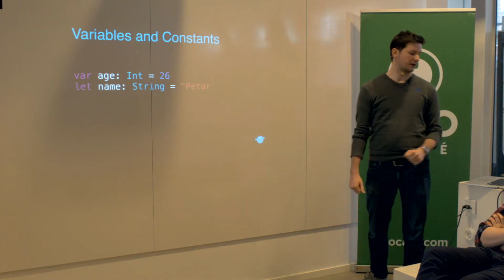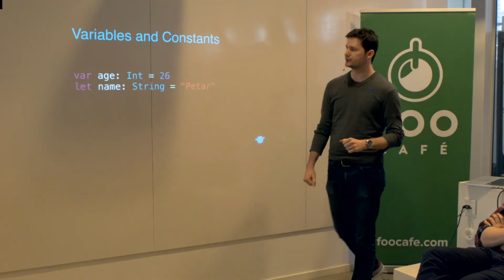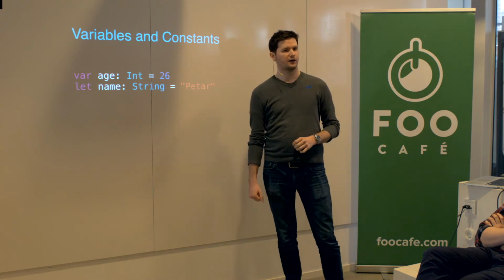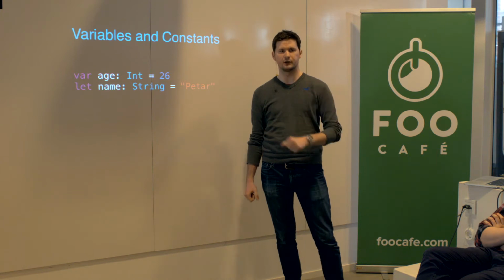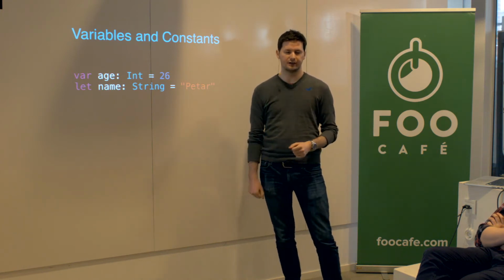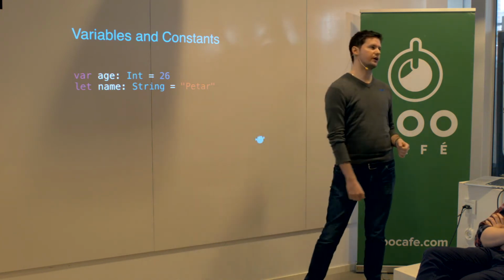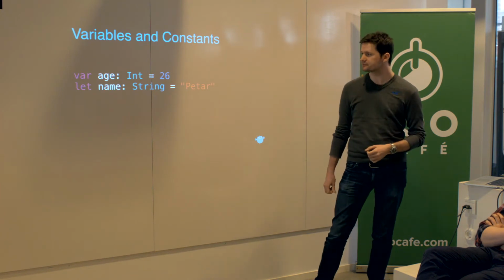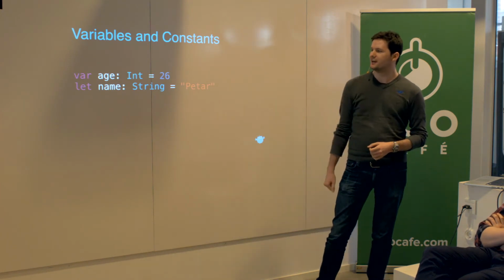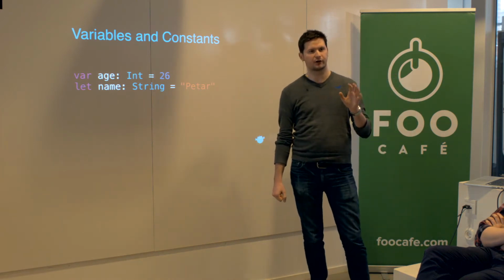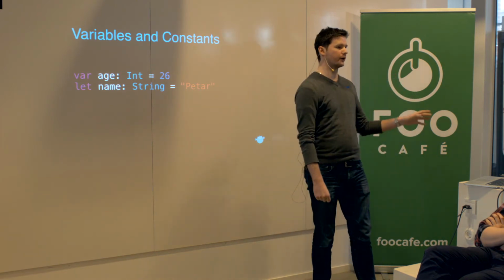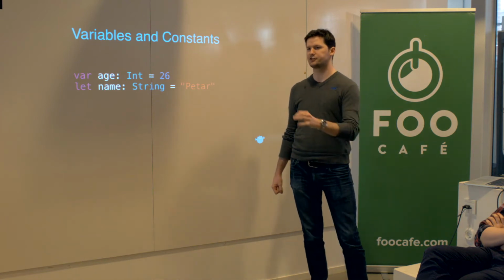If you want to make a constant, it is now very easy compared to what it was like in Obj-C, where you had to figure out with all these const keywords and place them in the right order, and people don't remember how to do them, so they have to Google them every time. So now we have this let keyword. It's very, very simple, and Apple encourages you to use let everywhere, unless it actually has to be a variable.